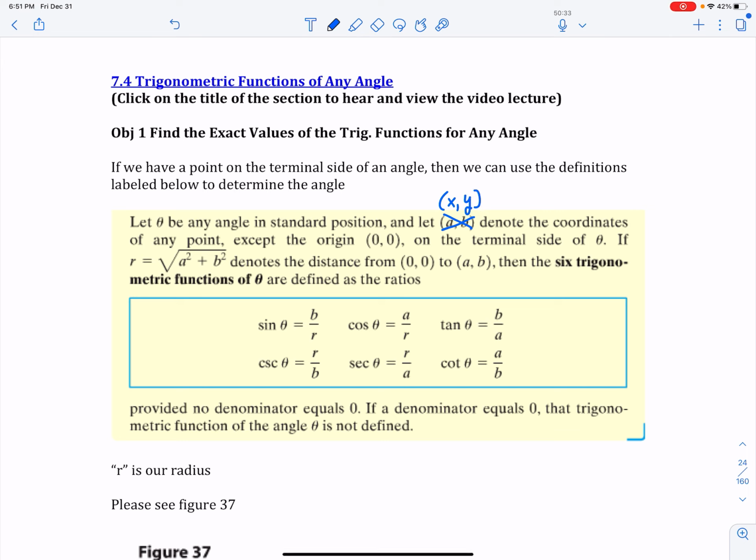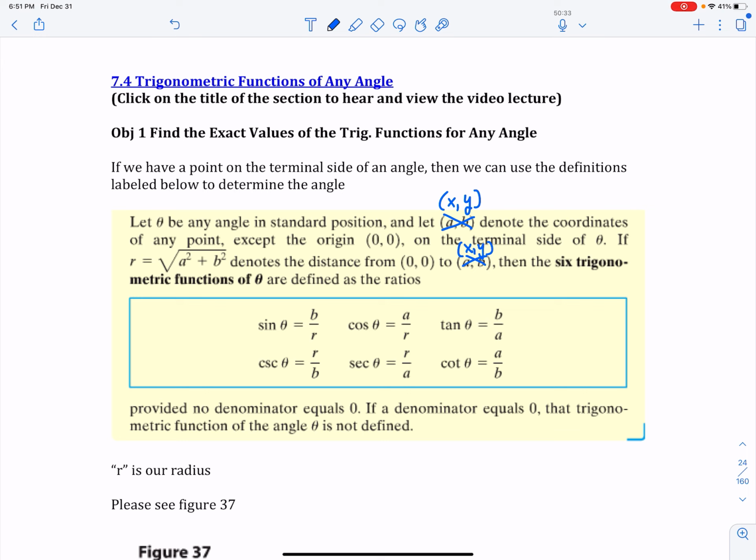It furthermore goes on to tell us that if the radius, or r, equals the square root of a squared plus b squared, then that denotes the distance from (0, 0) to that point (x, y). Then we can come up with the definitions of the 6 trig functions.